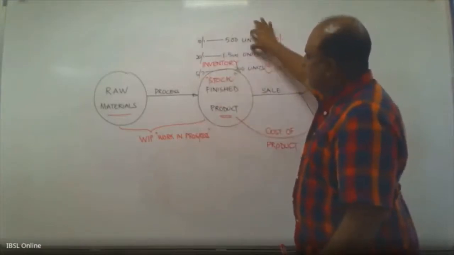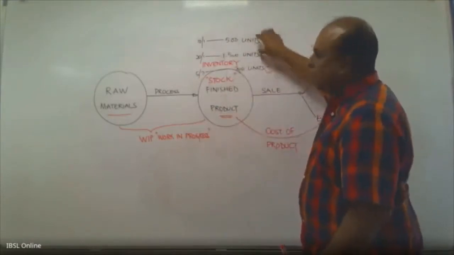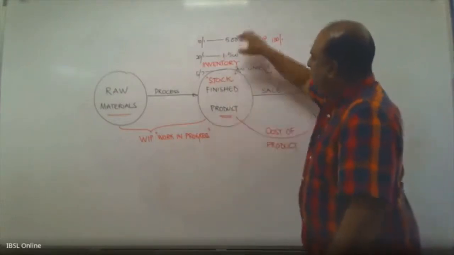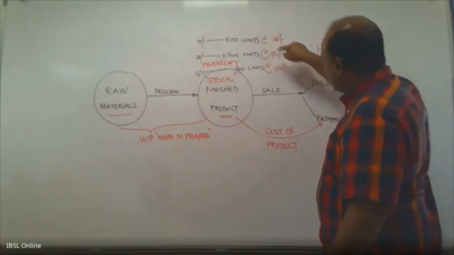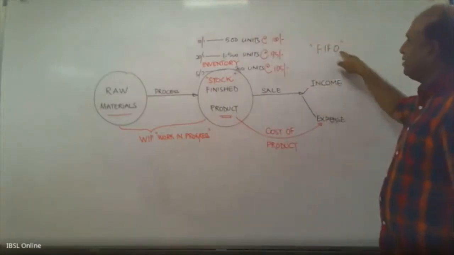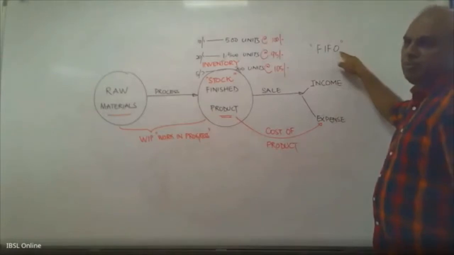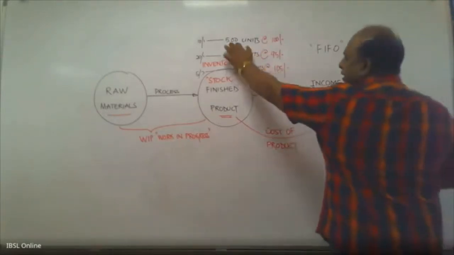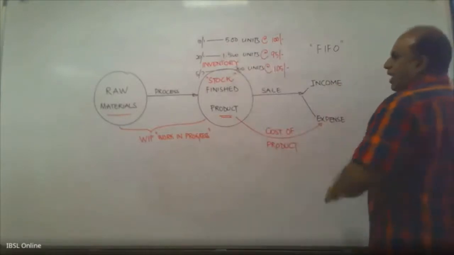If you bring this to the showroom first, you will have to sell that first. You understand it? If this came into the showroom first, that has to be sold first. So what I will do is, I will identify these 500 units first and sell them first.